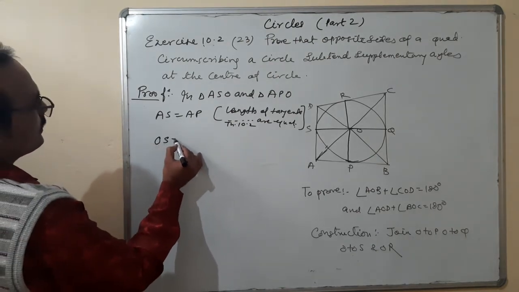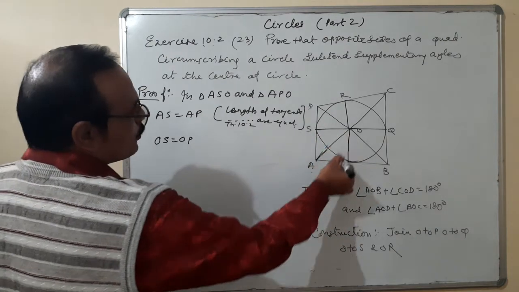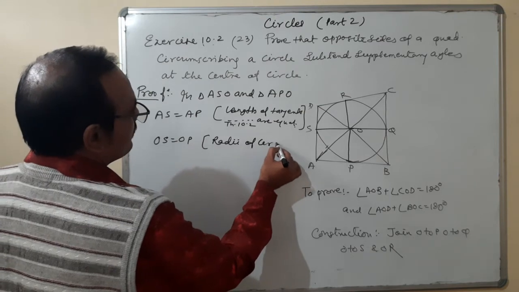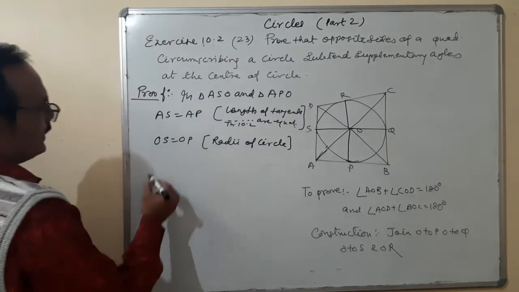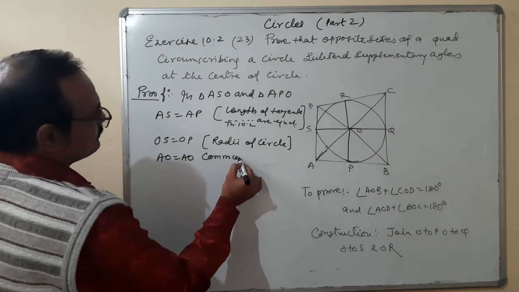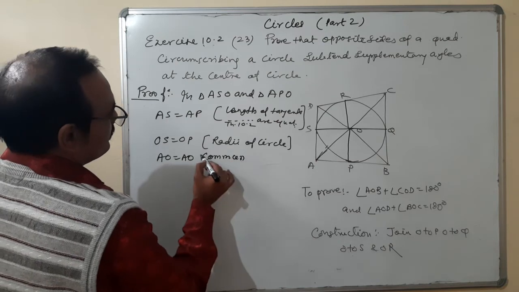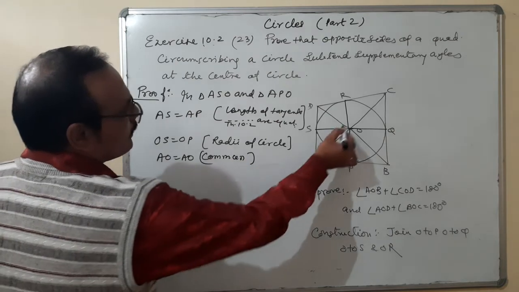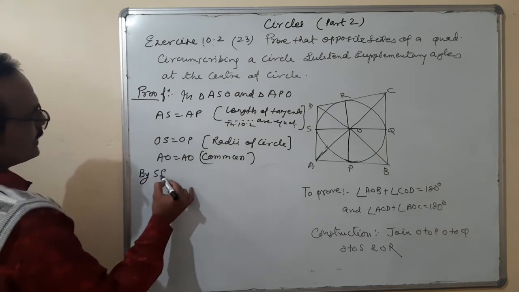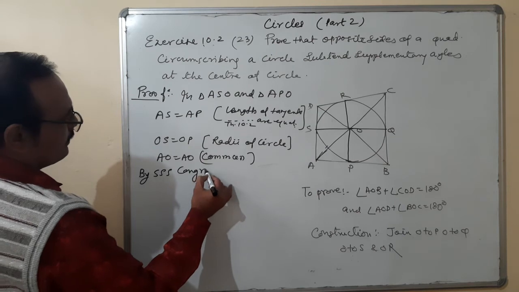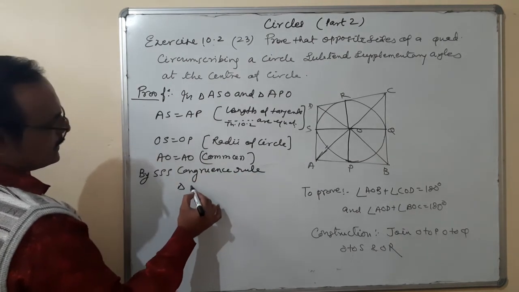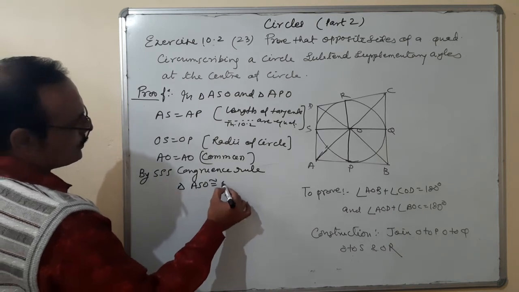OS is equal to OP, radii of a circle are always equal, and AO is equal to AO, common. What happened now? By the SSS congruency rule, triangle ASO is congruent to triangle APO.